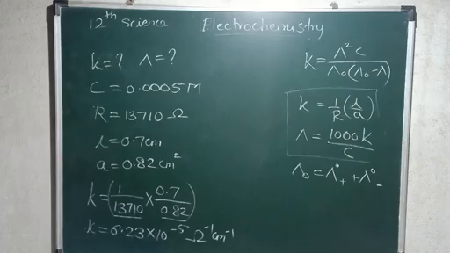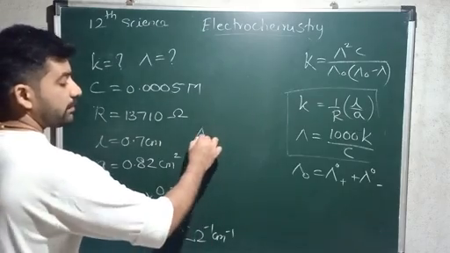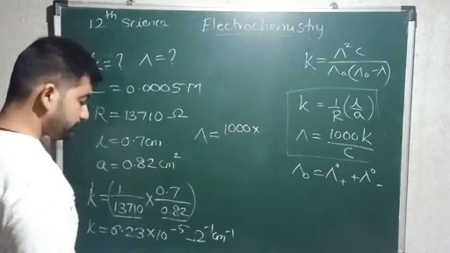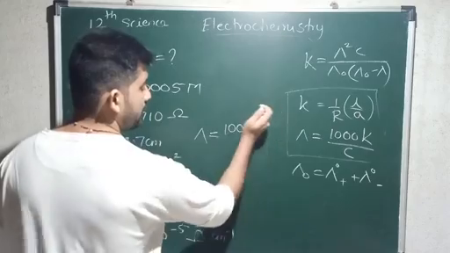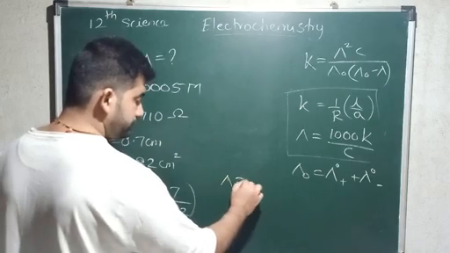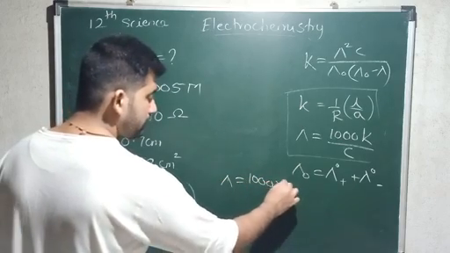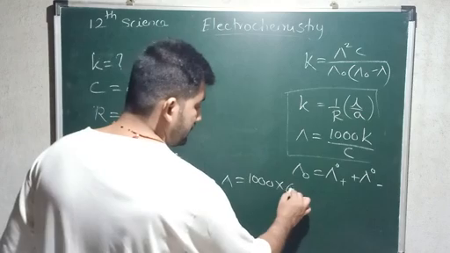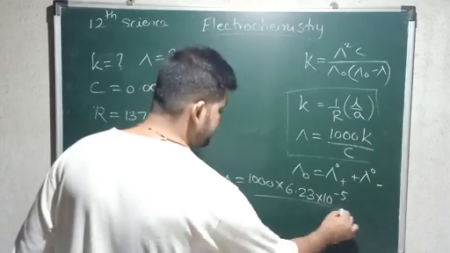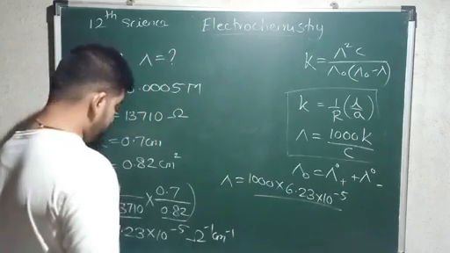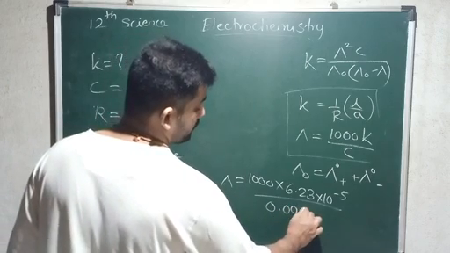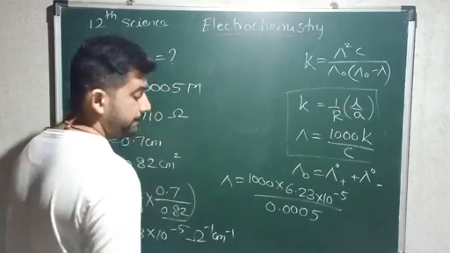Next, we have to find the value of lambda, molar conductivity. So that will be 1000 into 6.23 into 10 raised to minus 5 divided by concentration. Concentration is 0.0005.